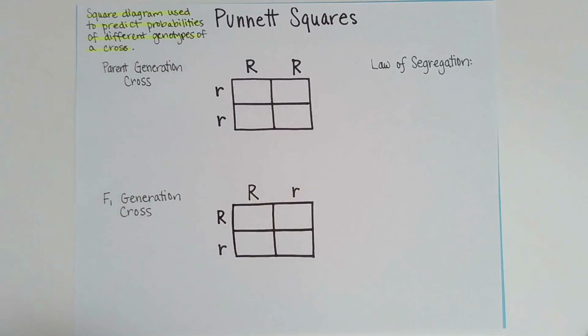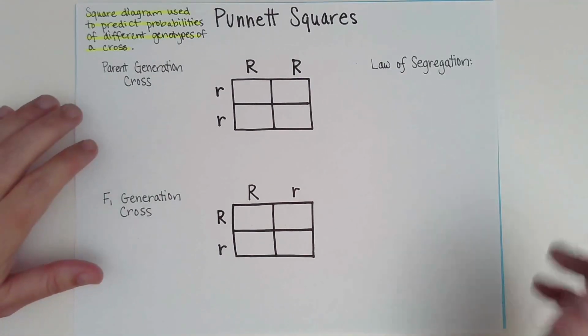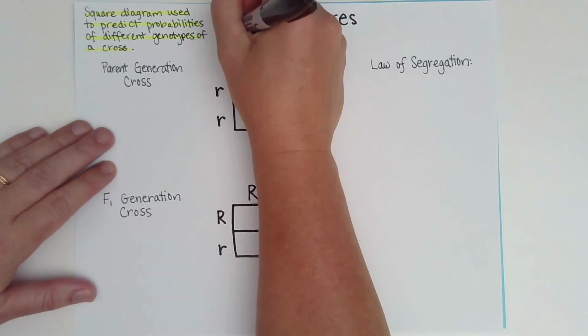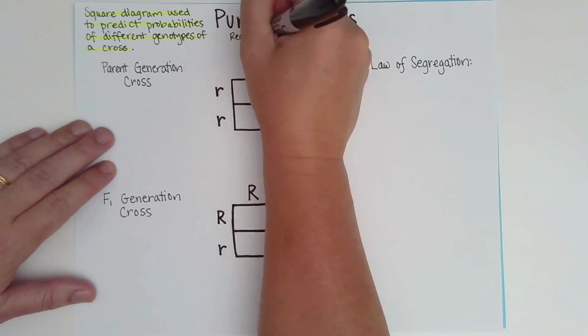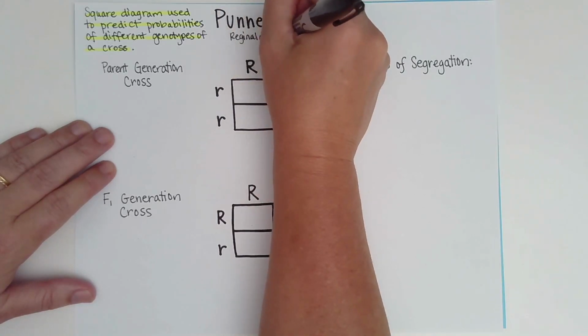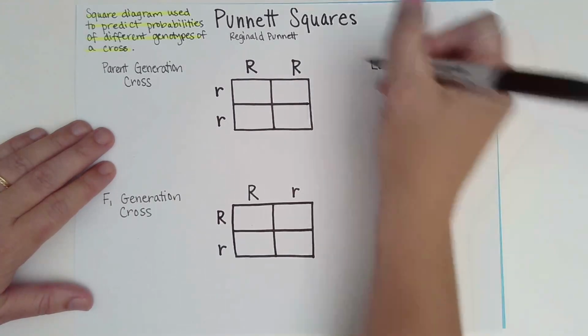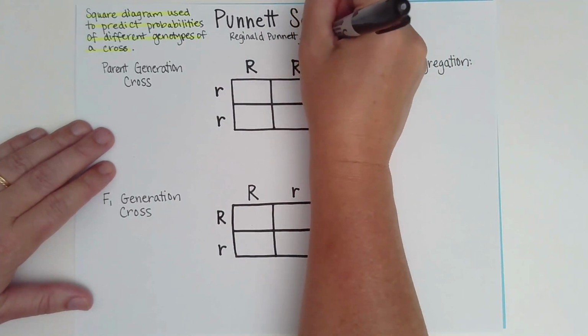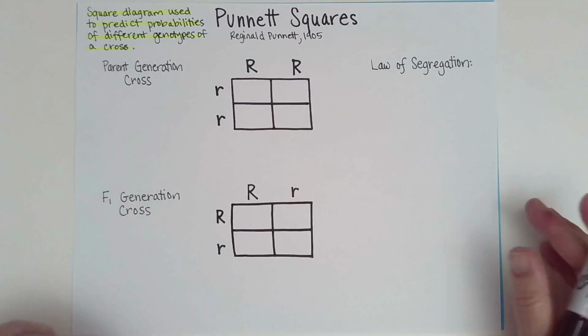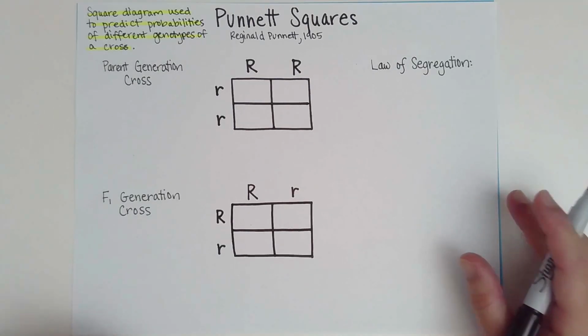And the reason it's called a Punnett square is because in about 1905, a man named Reginald Punnett devised these little cute squares to help predict classic Mendelian results in figuring out inheritance.